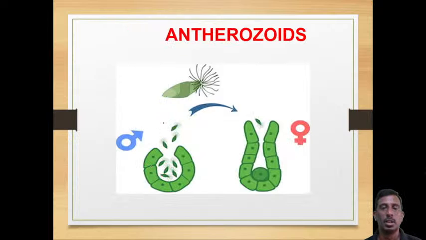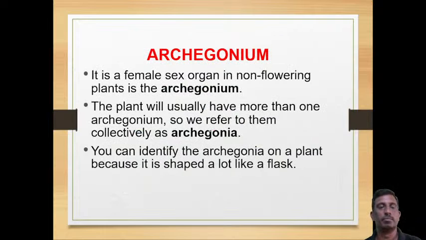Okay. So these antherozoids which are released from the antheridium have to reach the archegonium, that is the female sex organ. So the female sex organ is called archegonium. Okay. So plural क्या है कि archegonia. ये archegonium flask shaped रहता.